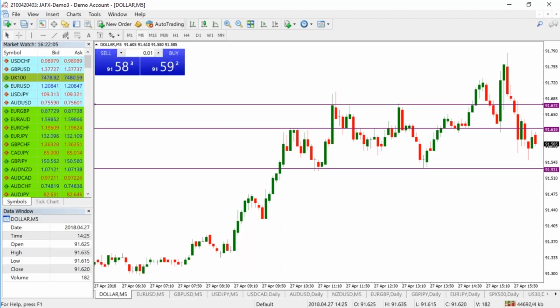So it's probably the way that this session is going to end. So I'm certainly not confident enough to have any major faith in a trade to the upside or to the downside for that matter.